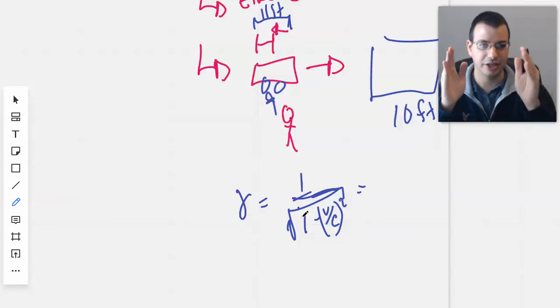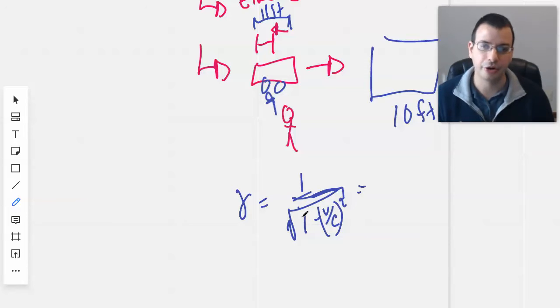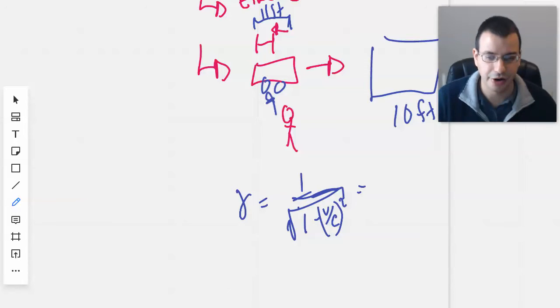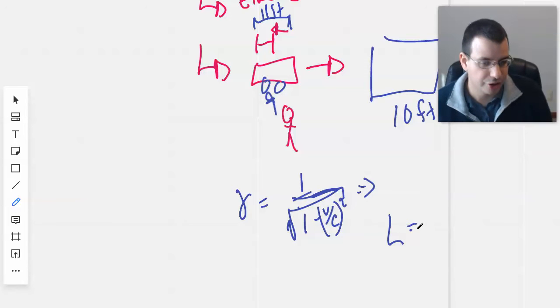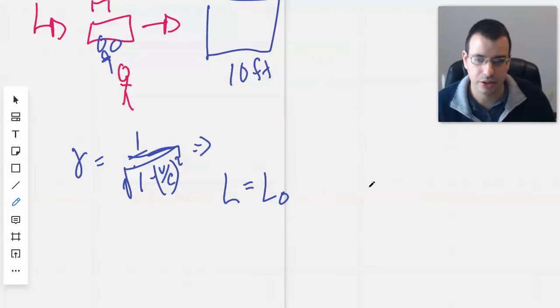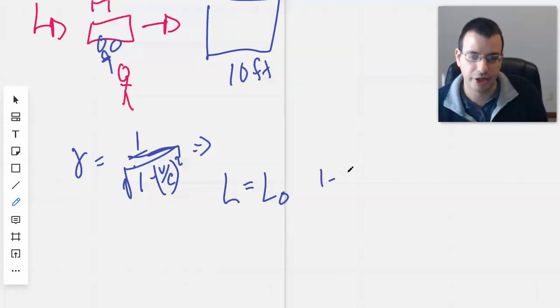This would be the amount of length that you see something else, or turn it over. You turn the fraction over, so that you would get something like the length observed is whatever your initial length would be times the square root of 1 minus v over c quantity squared.